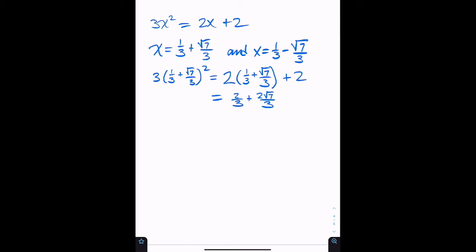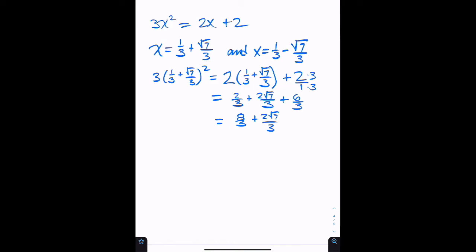And that 2 is 2 over 1, so I need to turn that into thirds to get common denominators, and so we're going to call that 6 thirds. So we got 2 thirds plus 6 thirds, that's 8 thirds, and that's plus 2 root 7 over 3. Okay, that's about as simple as we can get for the right-hand side.